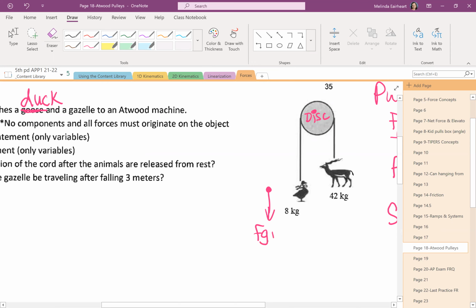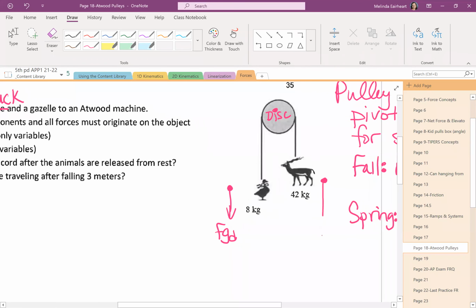So F_G duck, or if you want to call it F_G1, label them object A, object B, lots of options there. And the gravitational force on the big gazelle is almost 7 times bigger. Now don't grab a ruler, but within reason, right? F_G gazelle.